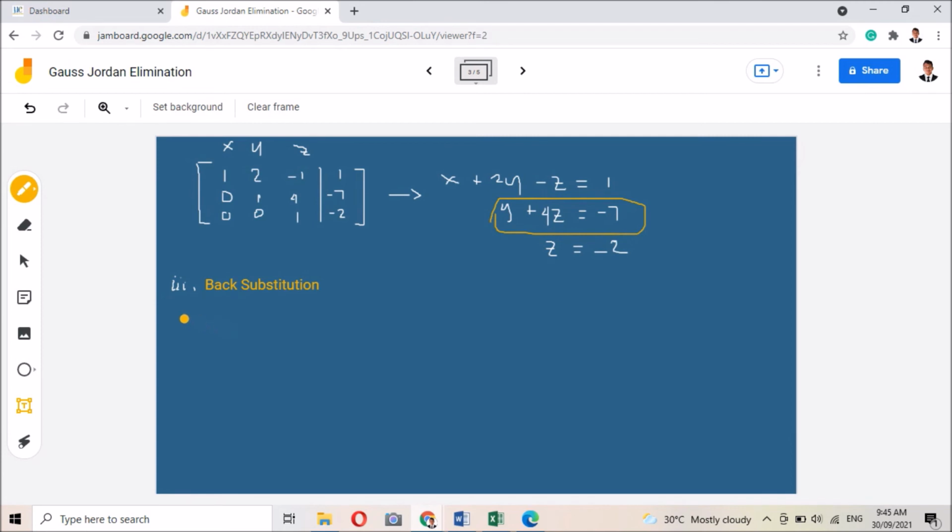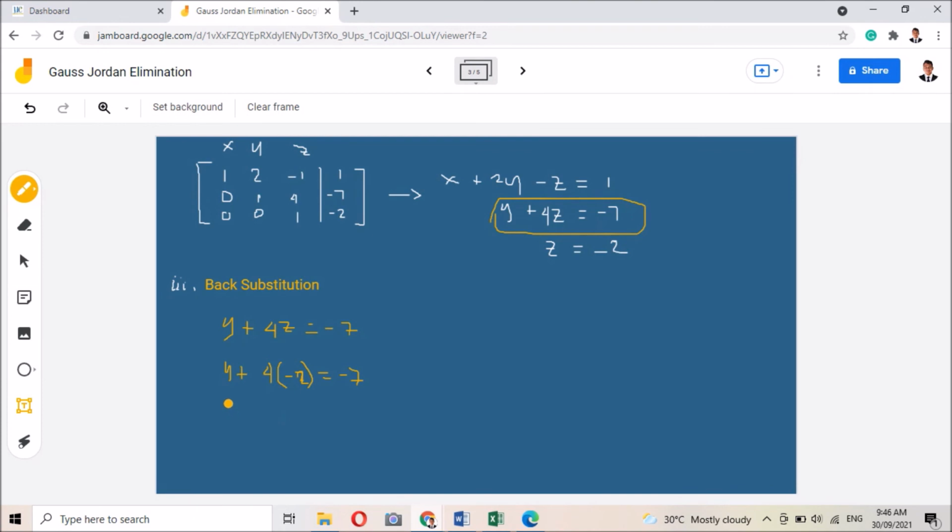So you have there y plus 4z equals negative 7, and we know that z equals negative 2 there. So y plus 4 times negative 2 equals negative 7.